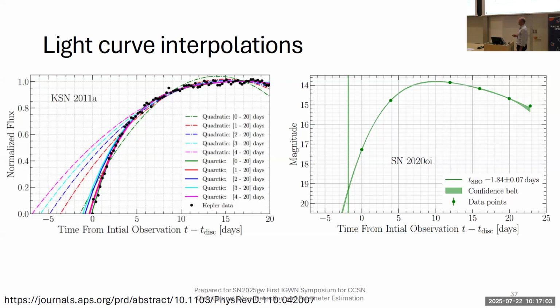And if it's sufficiently sampled, we do an interpolation, and we use that interpolation intersecting with the luminosity before the sharp breakout, before the beginning of the light curve, to find the time of the sharp breakout. We decided not to use the simplest possible polynomial, which is quadratic, because the shape is better interpolated by a quartic polynomial.